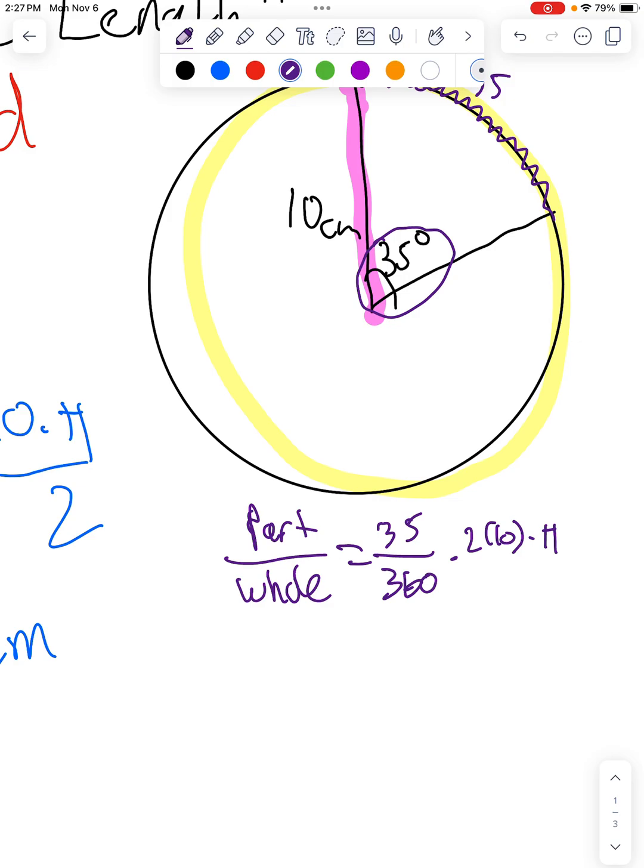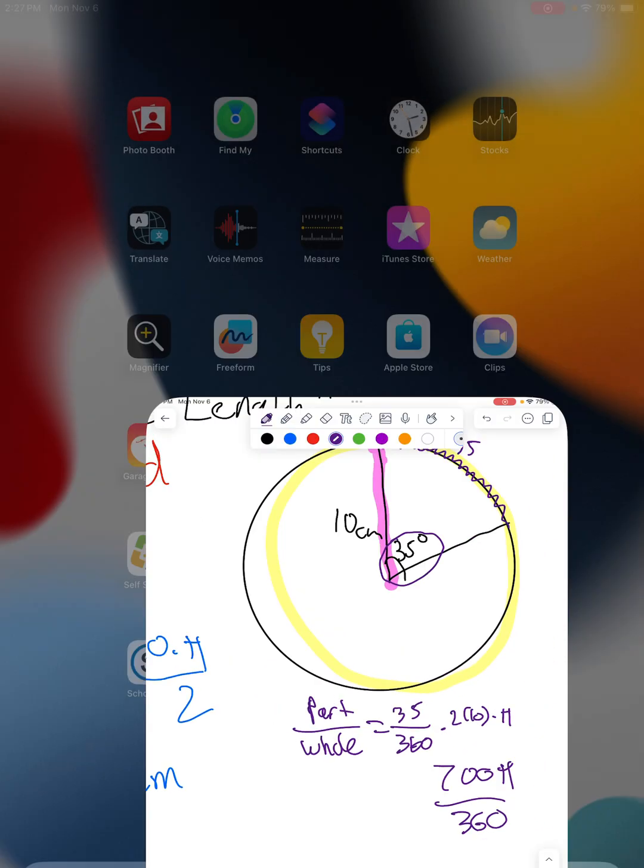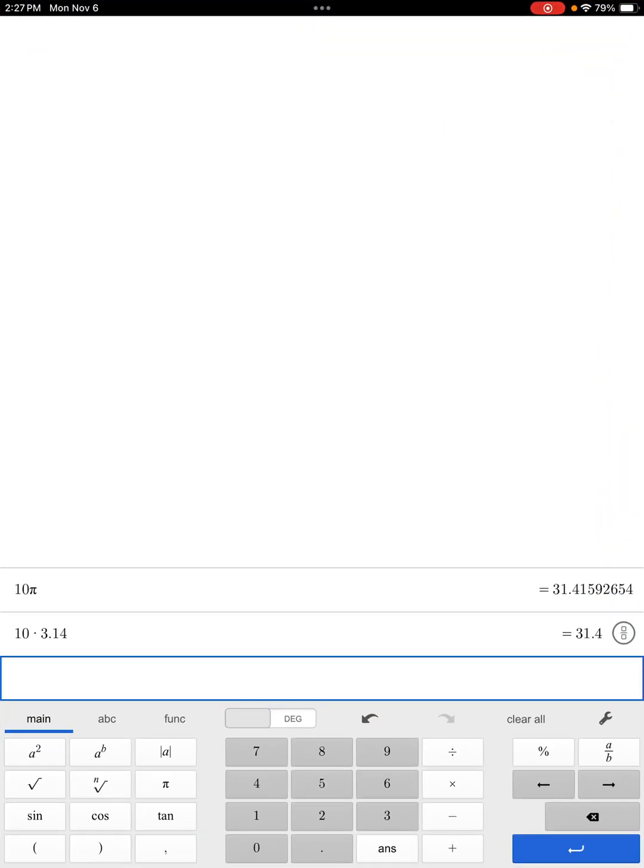That's 700 pi over 360. And because that's not really breaking down into a nice number, I am going to just take 700, multiply by pi, and then divide by 360.